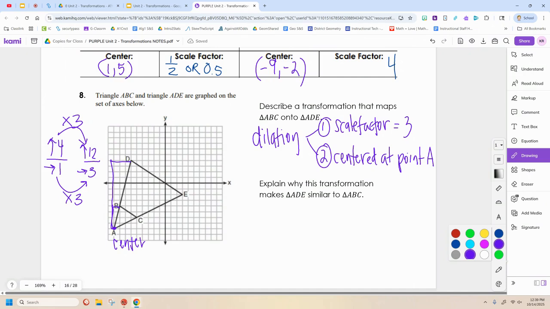So now we're going to work on some of the language. It's not a rigid motion, but these two shapes are proportional. So we say they're similar.